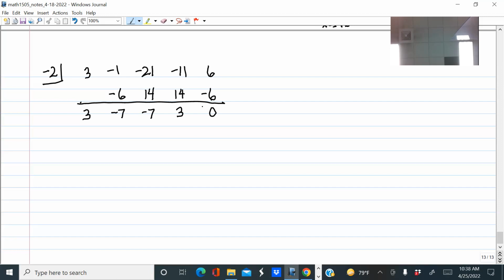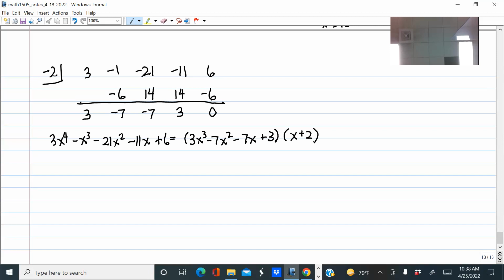Okay. So what you know here is that the original polynomial 3x to the 4th minus x cubed minus 21x squared minus 11x plus 6 is equal to this quotient, which is 3x cubed minus 7x squared minus 7x plus 3, times x minus minus 2, which is the same as x plus 2, right?